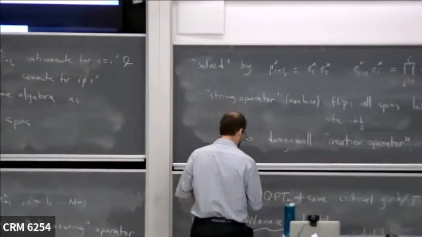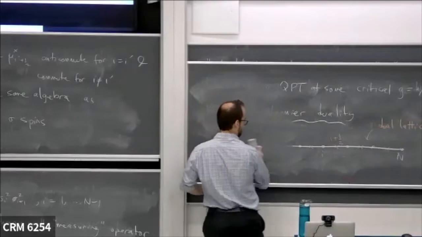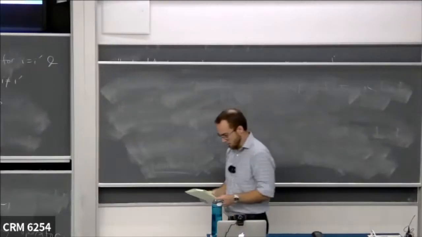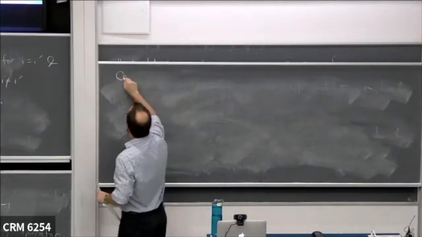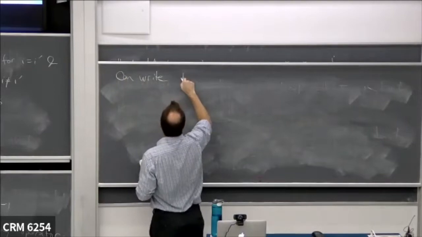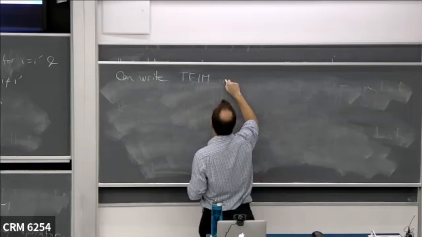The use, of course, of these operators is that we can rewrite the Hamiltonian in terms of these new degrees of freedom and make an interesting observation. We can write the transverse-field Ising Hamiltonian in terms of these dual spins as follows.